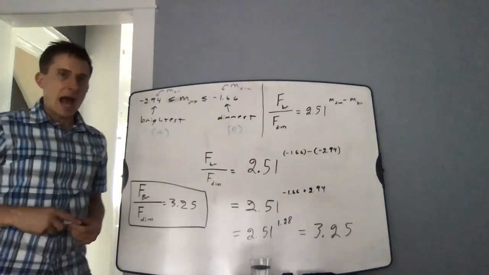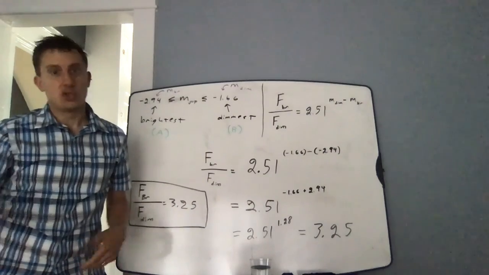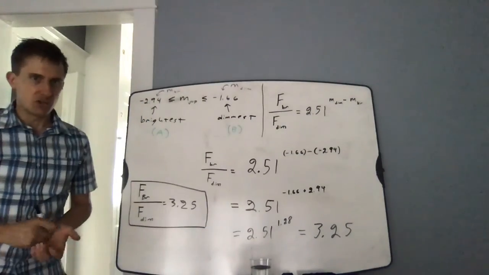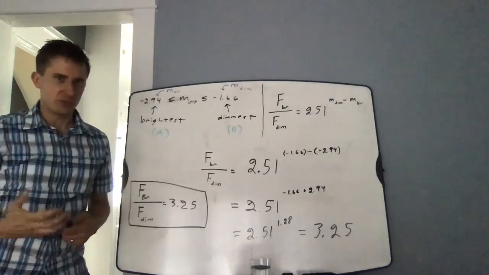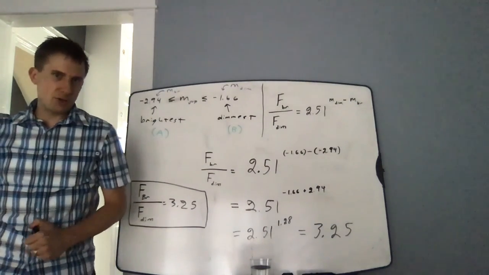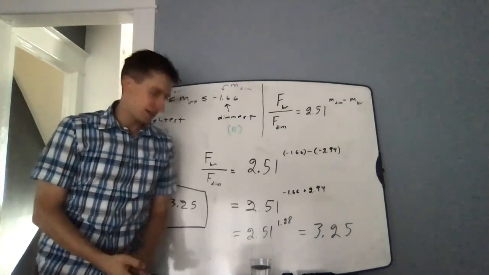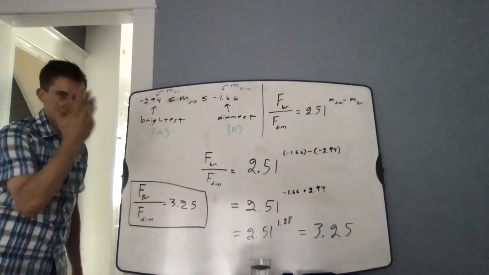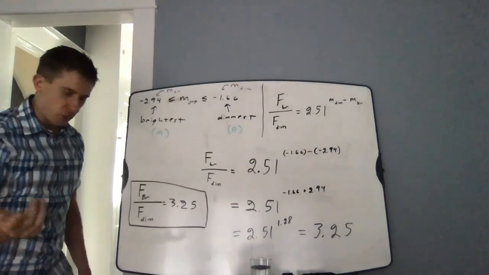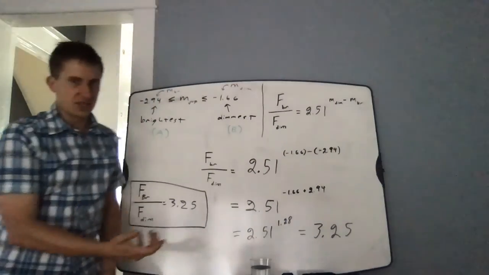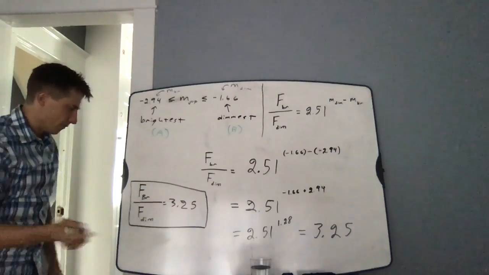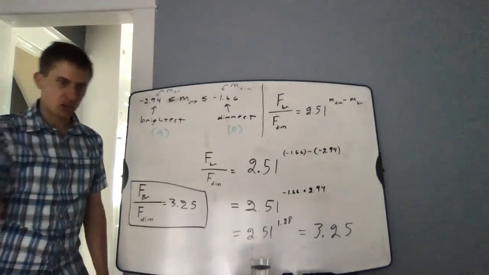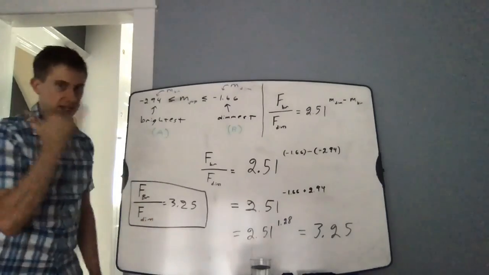So again, I don't know how bright Jupiter is when it's at its most dim, and I don't know how bright Jupiter is when it is at its absolute brightest, but if Jupiter has a brightness of 100 when it's dim, Jupiter will have a brightness of 325 when it's at its brightest. Or equivalently, if Jupiter has a brightness of 1 million at its dimmest, Jupiter will have a brightness of 3,250,000 when it's at its brightest.